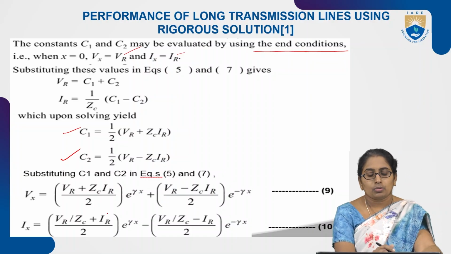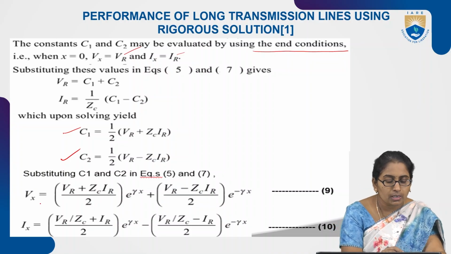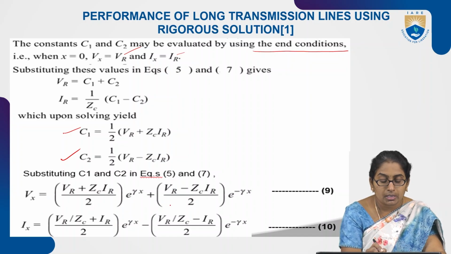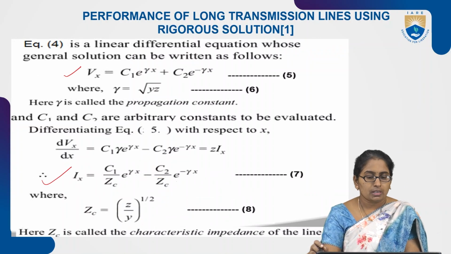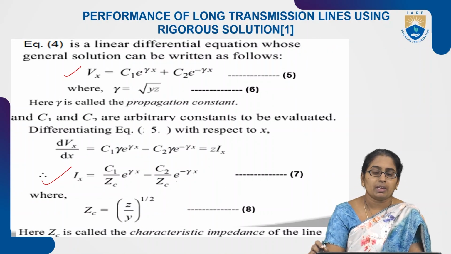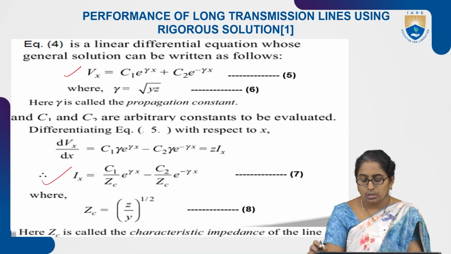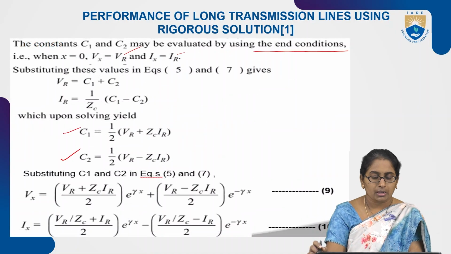So what are the voltage and current equations? We know that Vx is given by c1 e power gamma x plus c2 into e power minus gamma x.